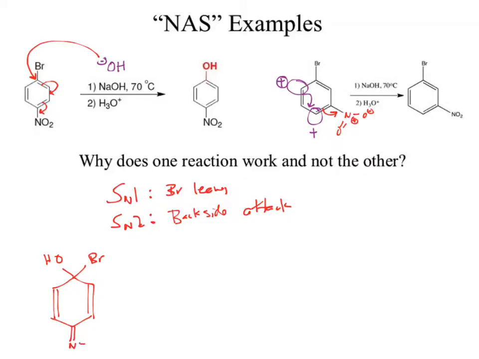We would end up with the electron withdrawing group pulling that electron density out, and we'd end up with that intermediate. That is very ugly. What is ugly about it? Lots of charge. So let's fix that.